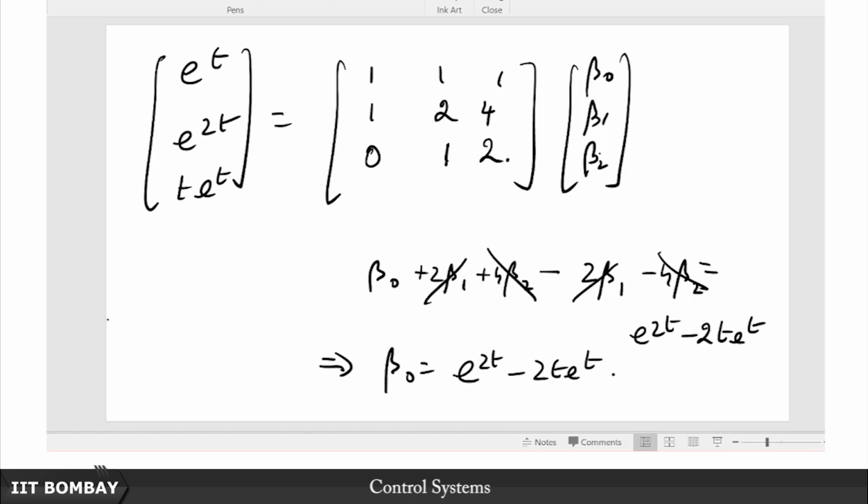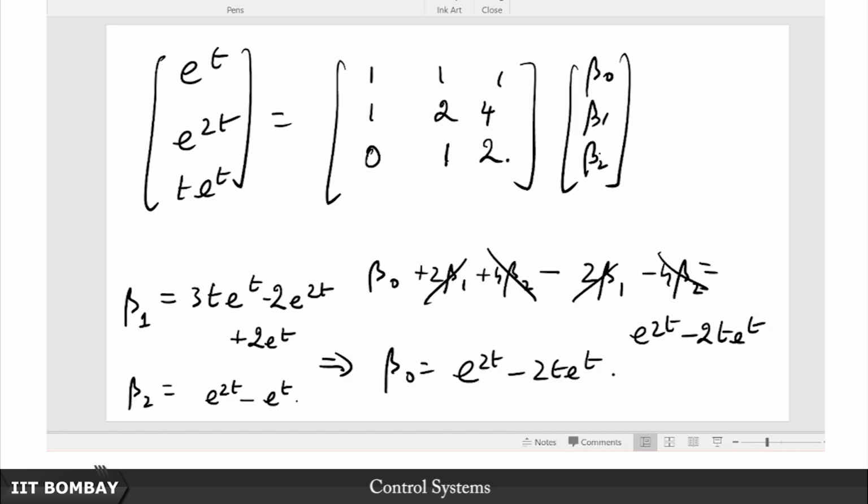Likewise I have solved out the others; please take that as an exercise to complete this solution. I have found that beta 1 is equal to, check my calculation, I might have erred, 3t e to the t minus 2 e to the 2t plus 2 e to the t, and beta 2 is equal to e to the 2t minus e to the t minus t e to the t.